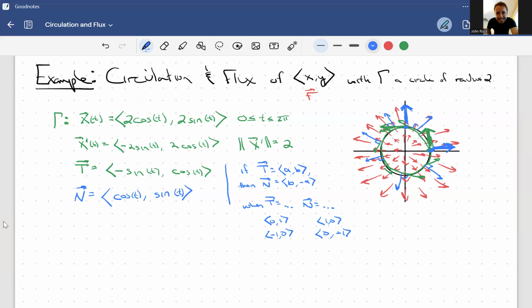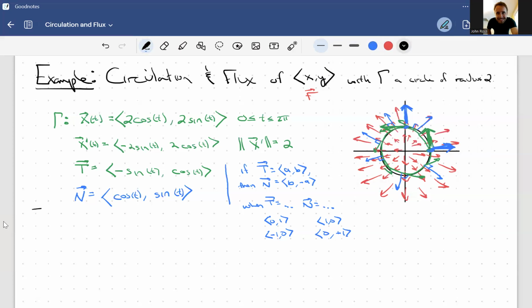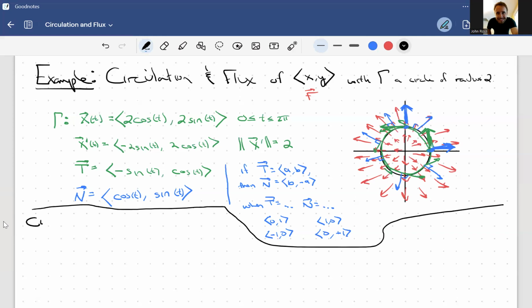But now let's return to the world of line integrals and specifically circulation and flux. So we have our gamma and we have our capital F. And so let's return to calculating circulation.